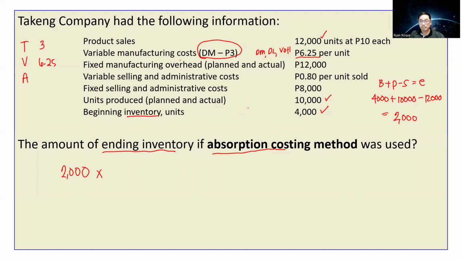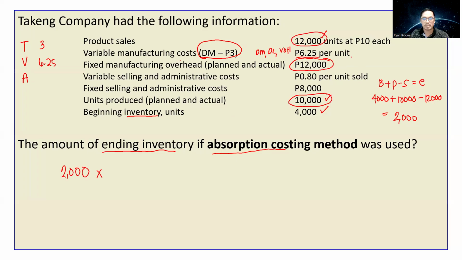But for the absorption costing method, we now add from the variable manufacturing the fixed overhead per unit. So how much do we have here? We have 12,000 pesos as your fixed manufacturing overhead. So with that, how do we compute for the fixed overhead per unit? Do we divide with the number of units produced or the number of units sold?